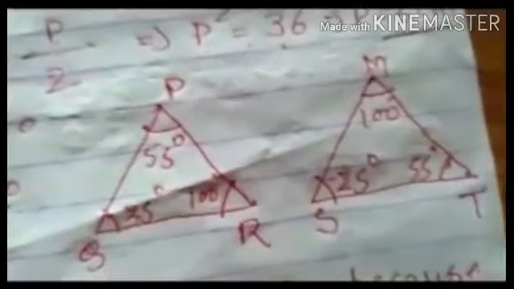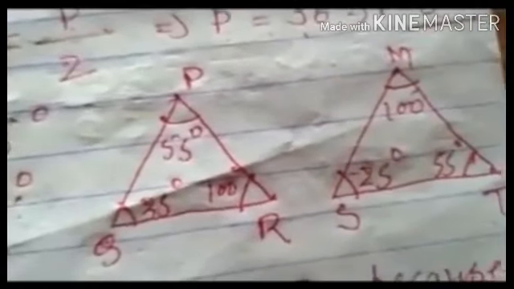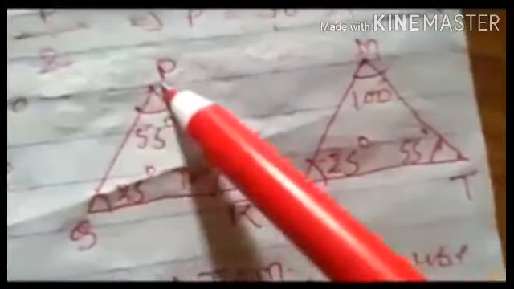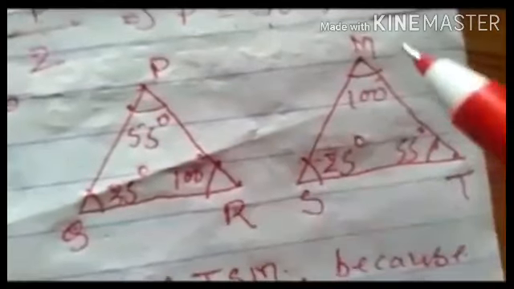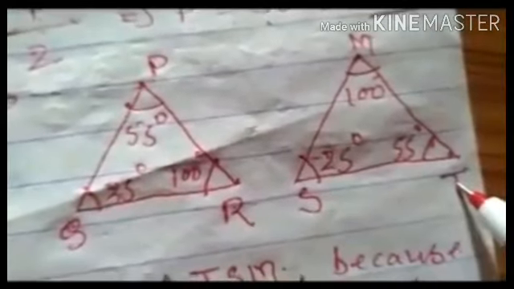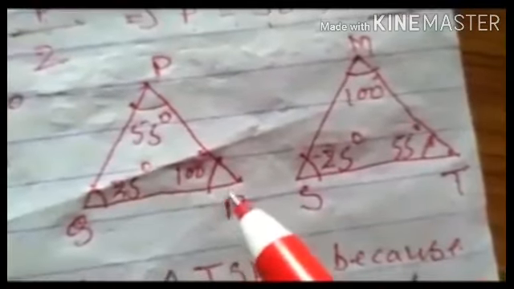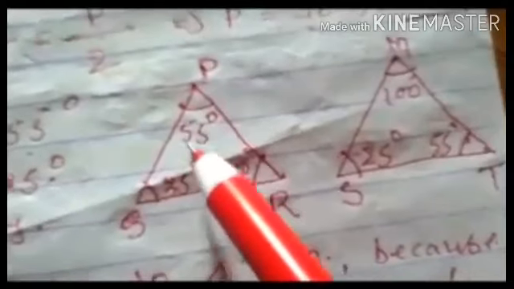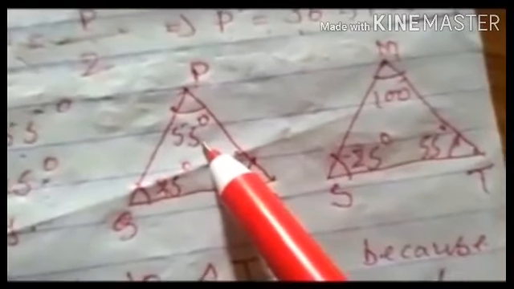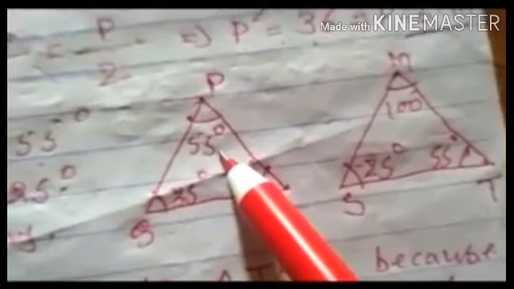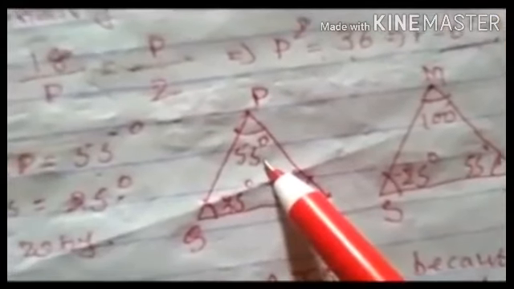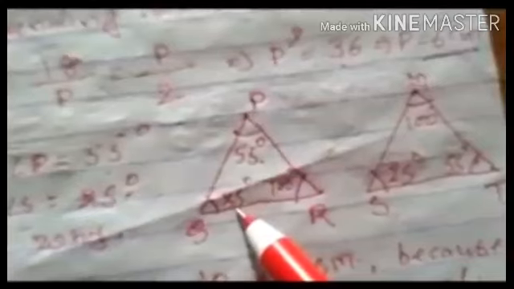So first we draw a rough sketch of the triangle. Let's have a look at the triangle. PQR and MST are two given triangles. In these triangles, the value of angle P is given, that is 55 degree, and the value of Q is also given, that is 25 degree.